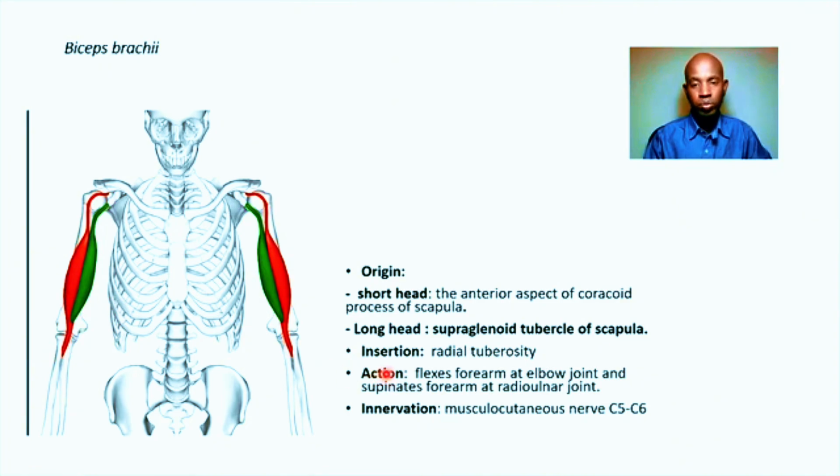So the short head originates at the anterior aspect of the coracoid process of the scapula right here. It's not the only muscle that has an insertion or origin point at the coracoid.